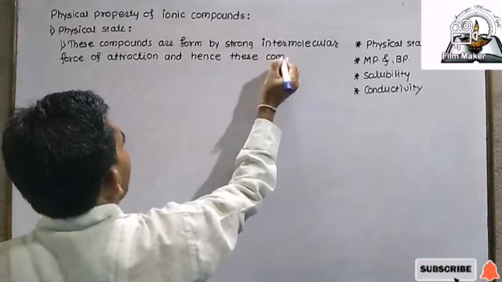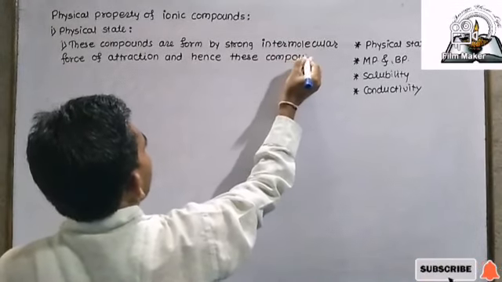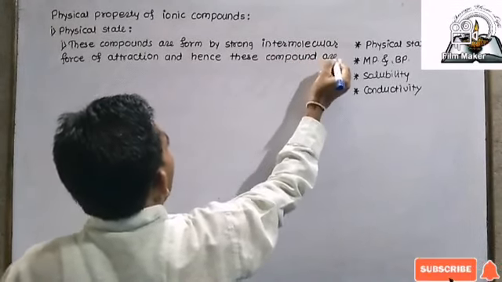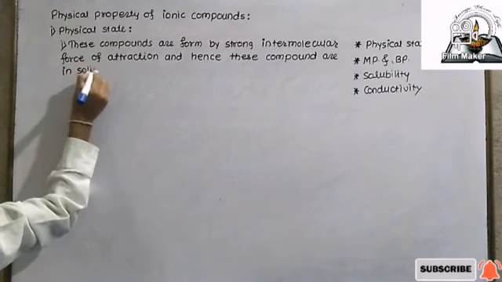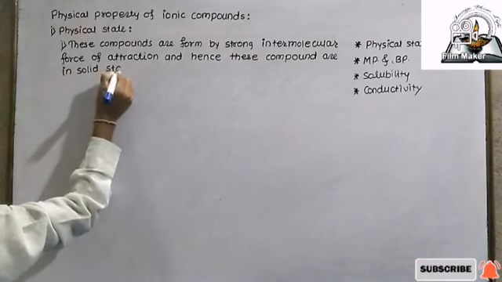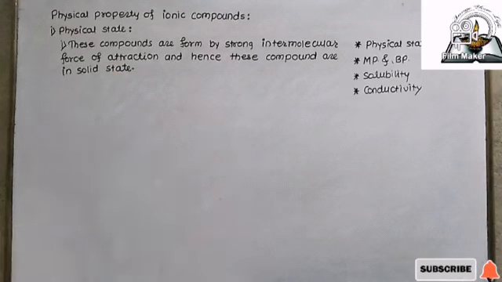Most or all ionic compounds are in a solid state. Why? Because these are formed by strong intermolecular force of attraction or electrovalent bond.